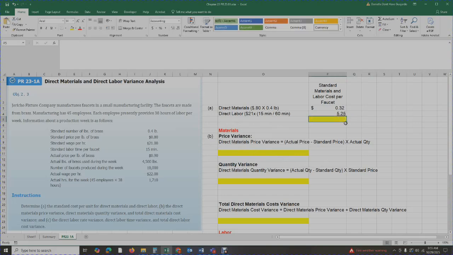So to manufacture one faucet, I am estimating, because this is the standard, this is not the actual amount, I am estimating that I'm going to spend about $5.57 per faucet in materials and in labor, okay? So that is requirement A.